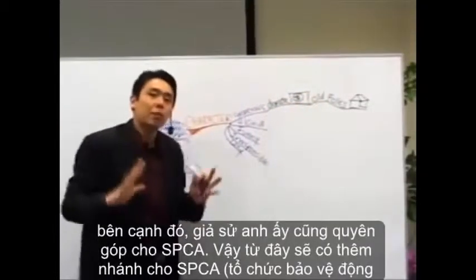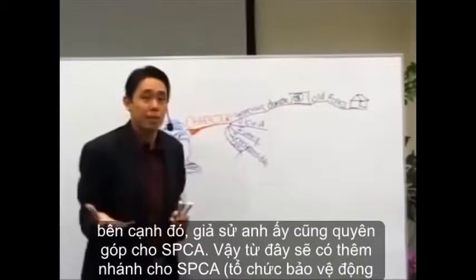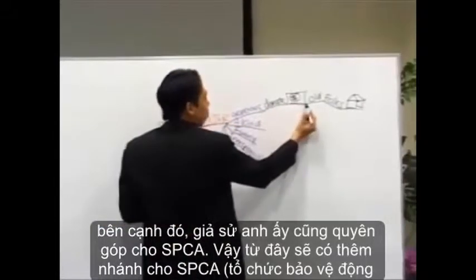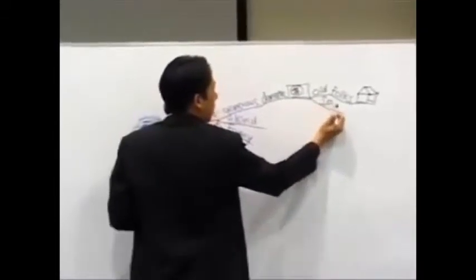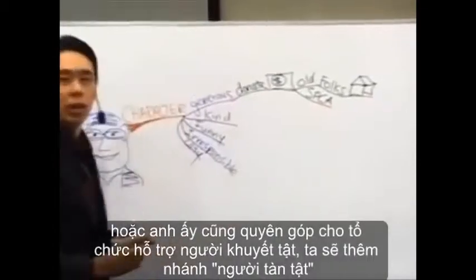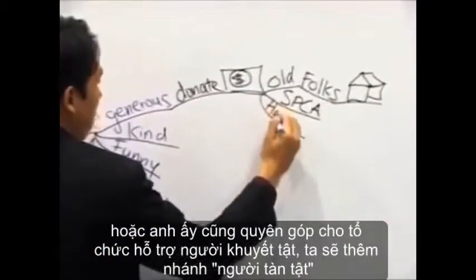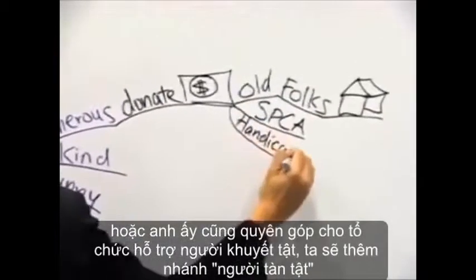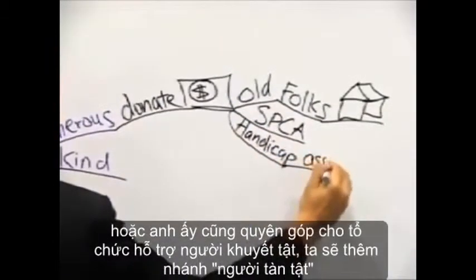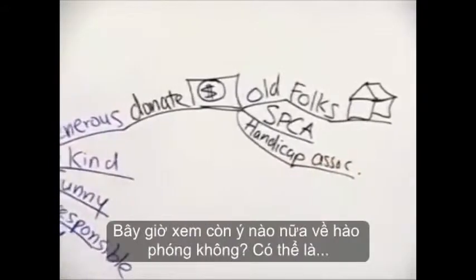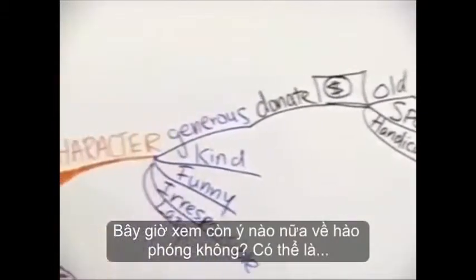Now, besides donating money to the old folks home, let's say he also donates to the SPCA. So from here, can we also branch out SPCA? Yeah. Let's say he donates to the Handicap Association. So from here, we can branch out Handicap Association. Alright? Now, let's look at why else is he generous?